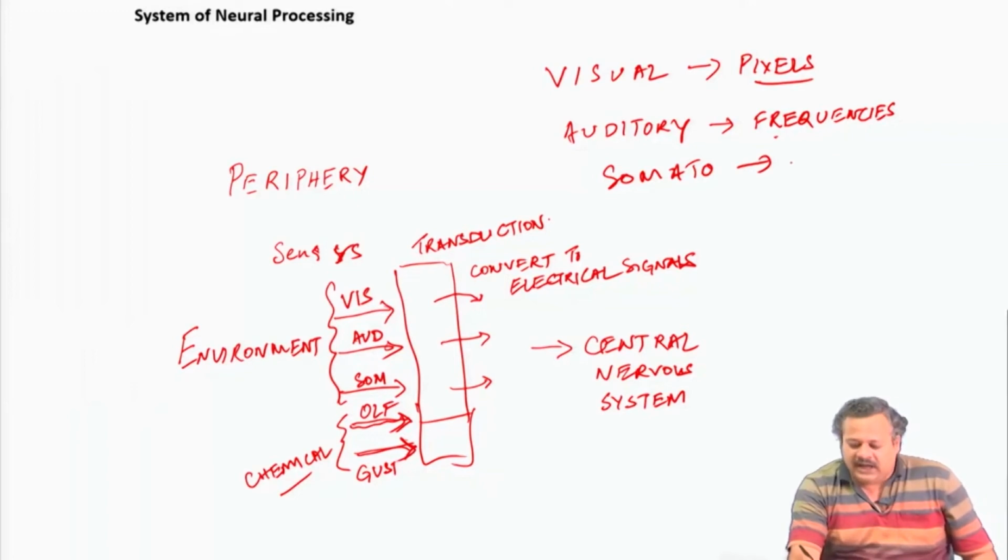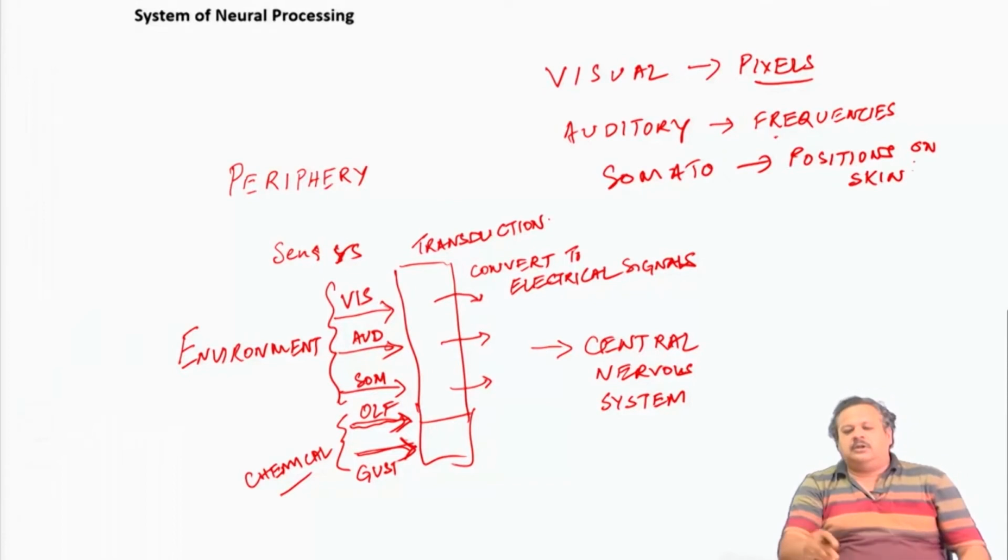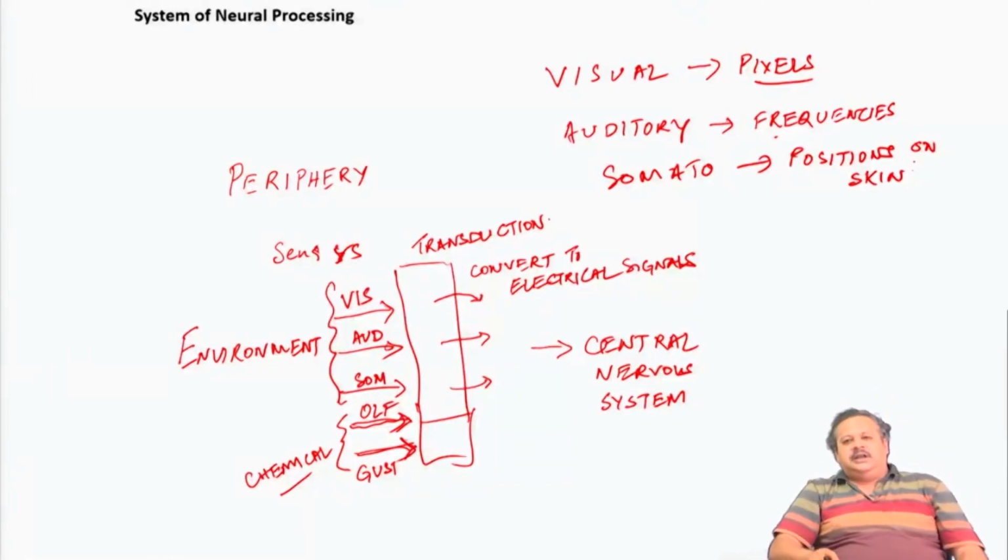what we have is again similar to pixels, but on positions on the skin. So, the entire skin region is the kind of pressure waveform that is present, or the vibrations that are present, and so on.